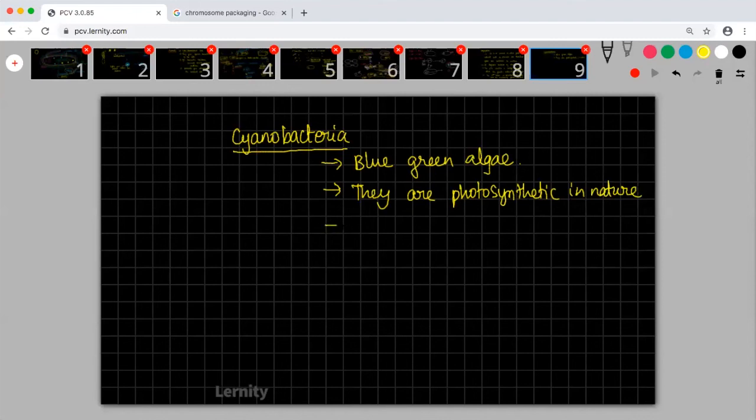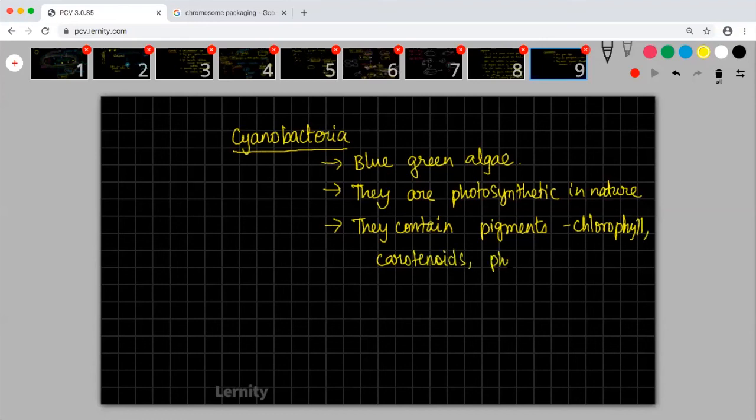They contain pigments such as chlorophyll, carotenoids, phycobilins.